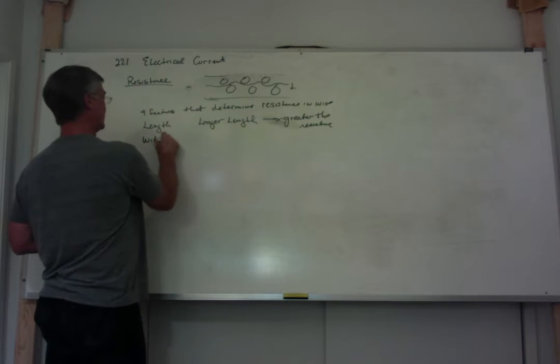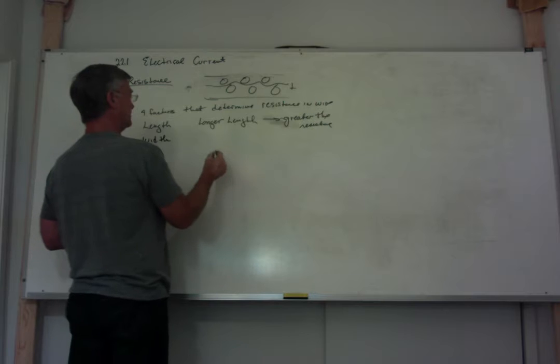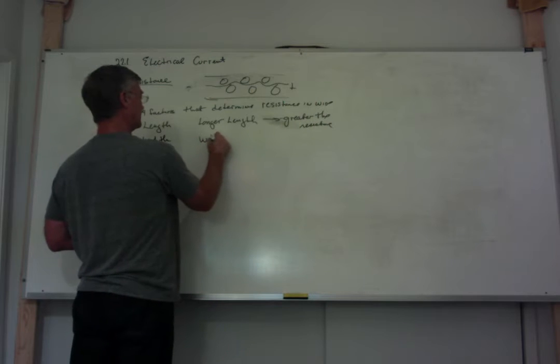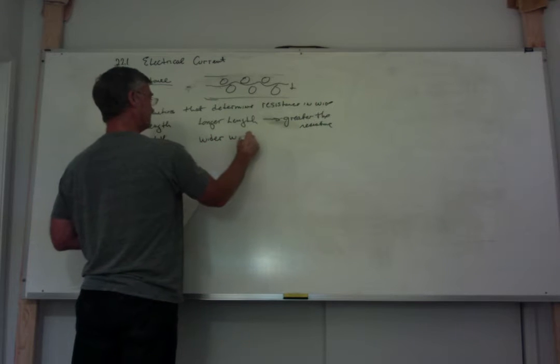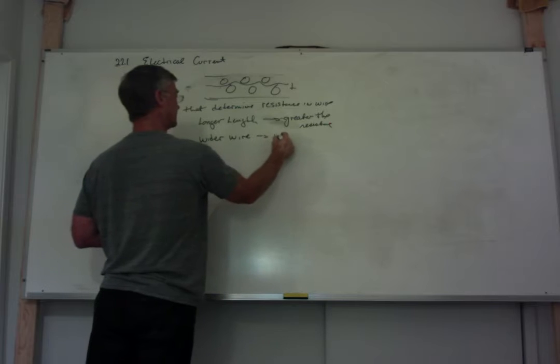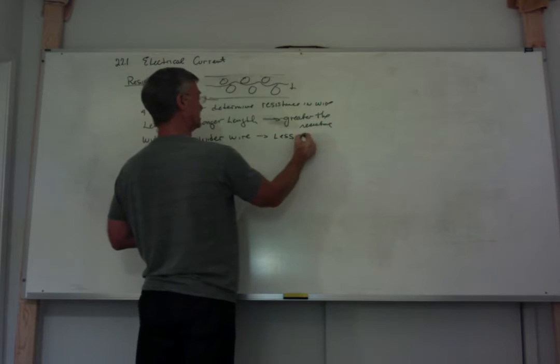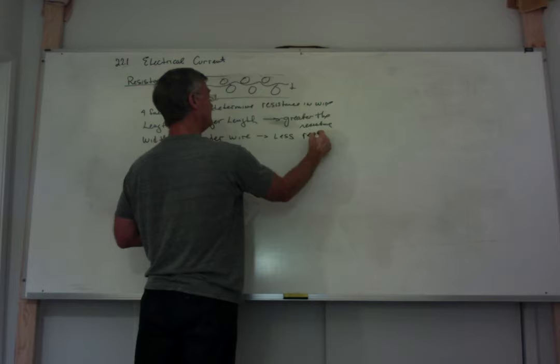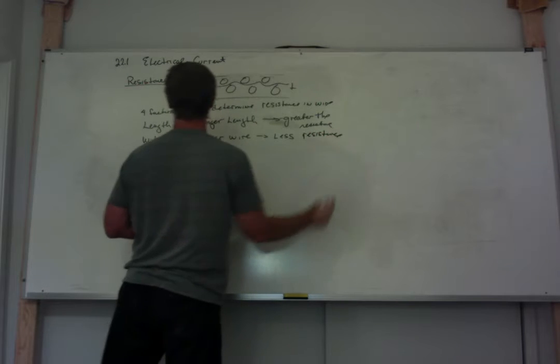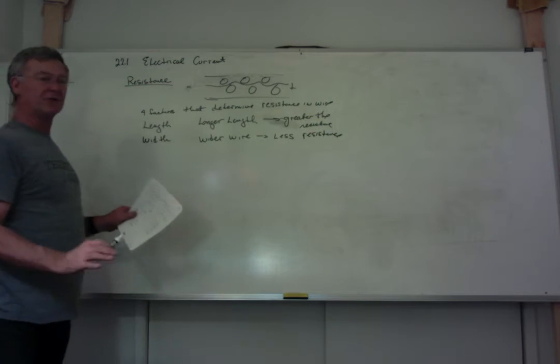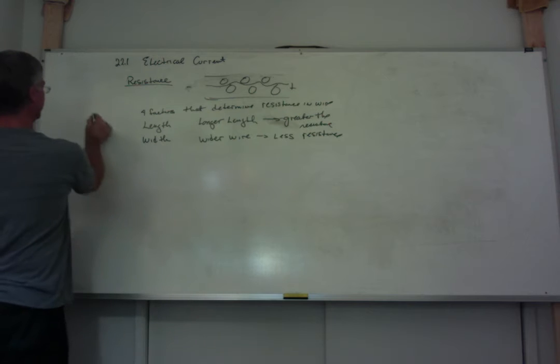Second is the width. And this may be a little bit odd, but the wider the wire, the less resistance. I don't know if I fully have a great way of explaining that, but I think of it this way.